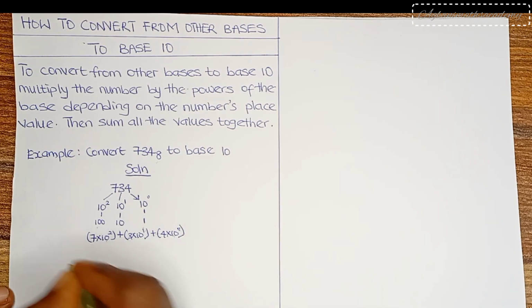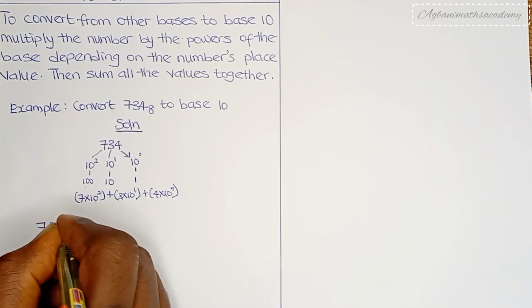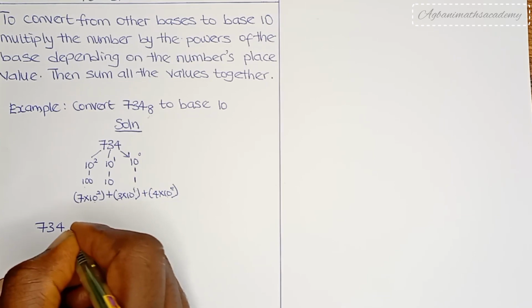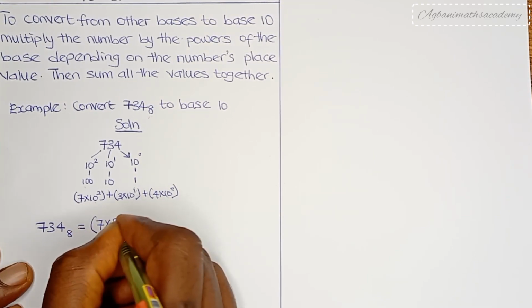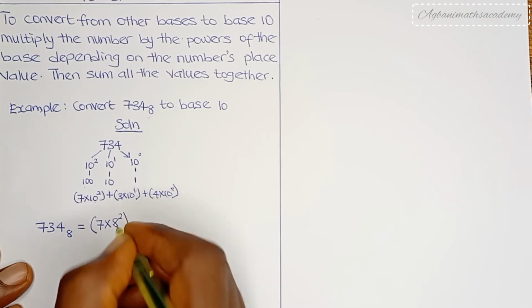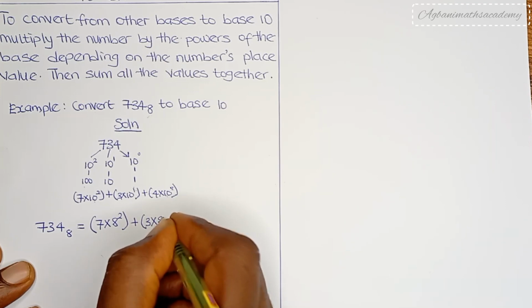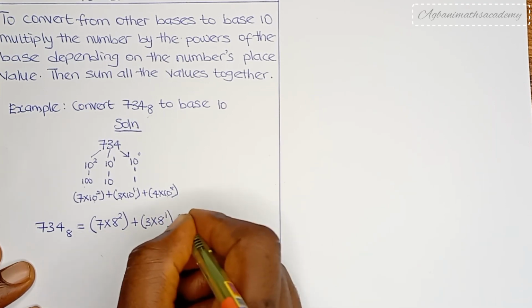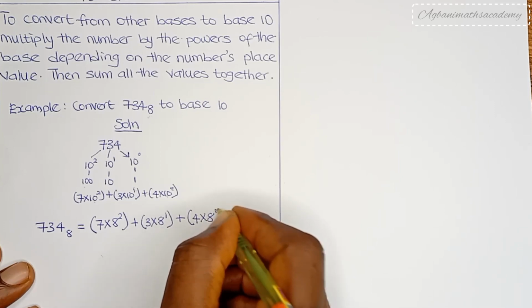So this will be 734 base 8 is equal to 7 multiplied by 8 to the power of 2 plus 3 multiplied by 8 to the power of 1 plus 4 multiplied by 8 to the power of 0.